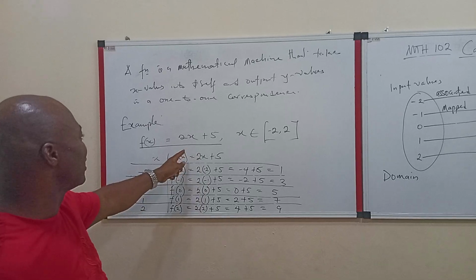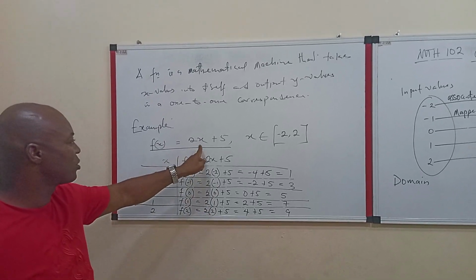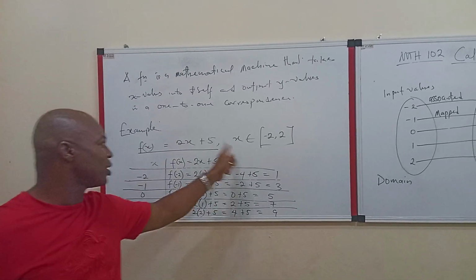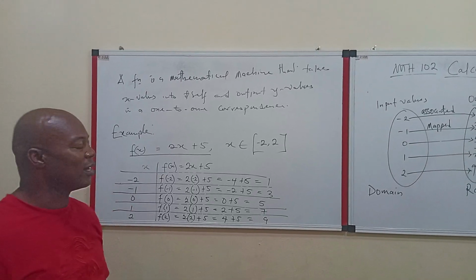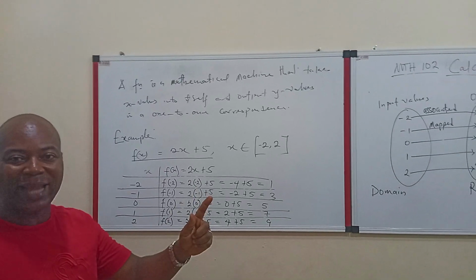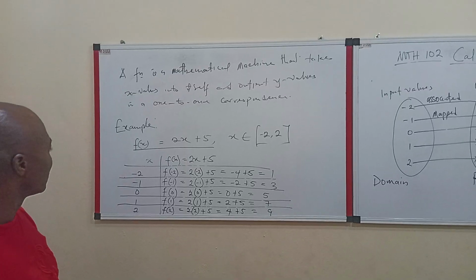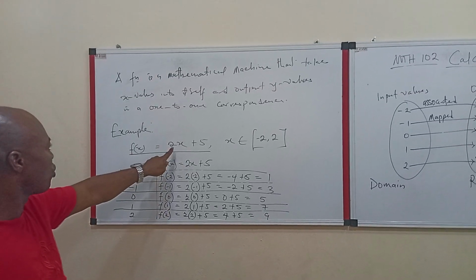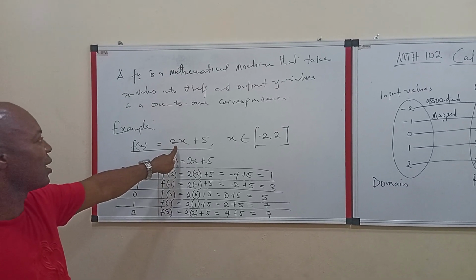Or you can say, if we try to plot what we have here, you can see that what we're going to have is a straight line. It's a line graph.